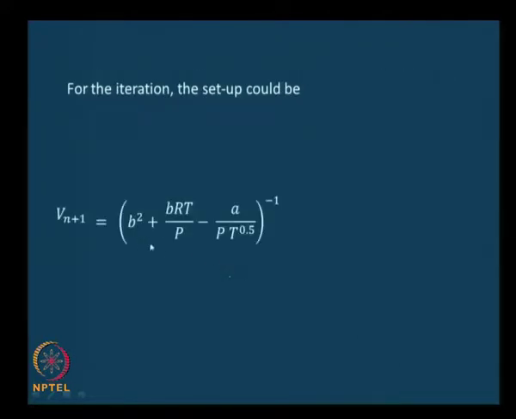V n plus 1 equals, this is the denominator expressed as to the power of minus 1, B squared plus B RT by P minus A by P T power 0.5, the whole inverse, which is 1 by this essentially, into V n cubed minus RT by P V n squared minus AB by P T power 0.5. So this is a nice way to set up the equation.